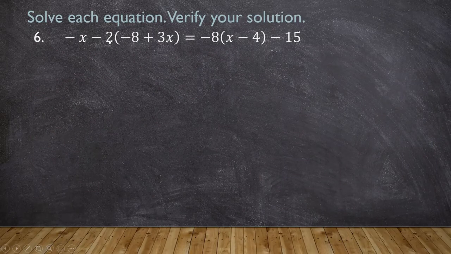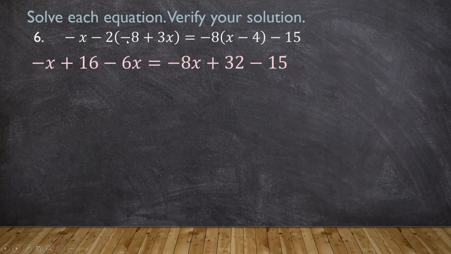Number 6, okay, we got a lot going on here. We got to distribute the -2, so make sure you distribute that negative along with it. -2 times -8, a negative times a negative is positive, so that gives us positive 16, and then -2 times 3x gives us negative 6x.